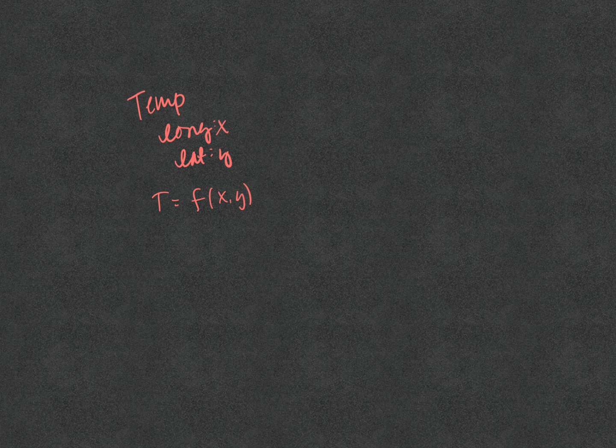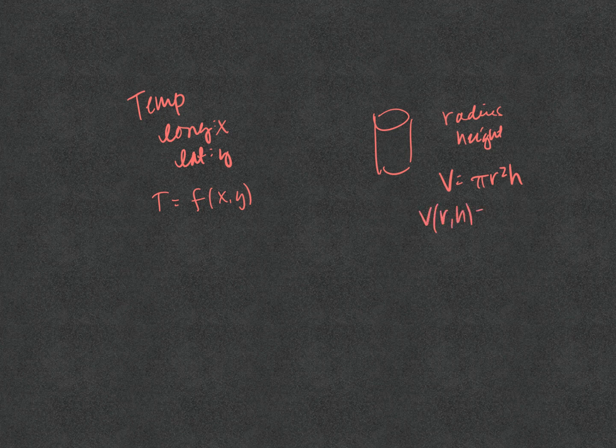The volume V of a circular cylinder depends upon the radius and the height. So we have the radius and the height. Then the volume equals pi r squared h. We can rewrite it to say the volume of r and h equals pi r squared h.